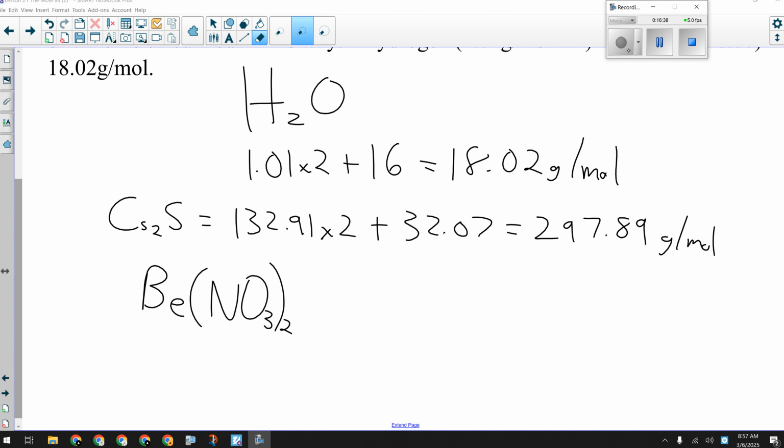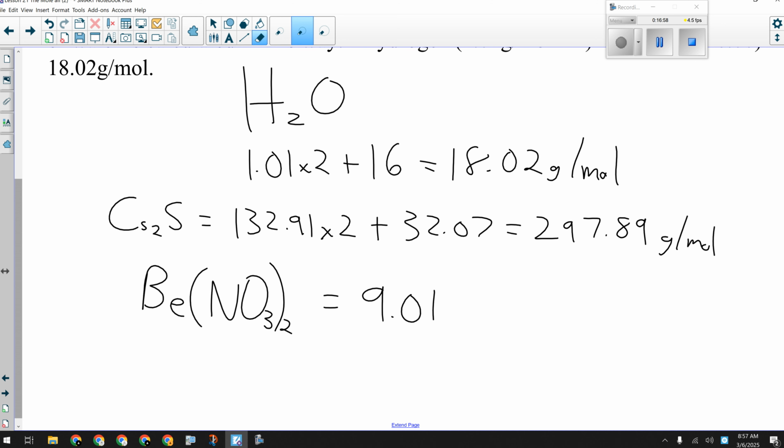Let's have a look at this one. One of the things you have to be able to do when you're calculating molar mass is interpret how many of each element there are in a particular compound. How many beryllium in this compound? Just one, so I would put in just one beryllium, 9.01.